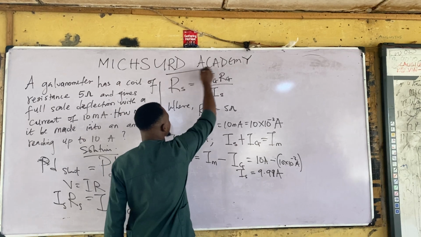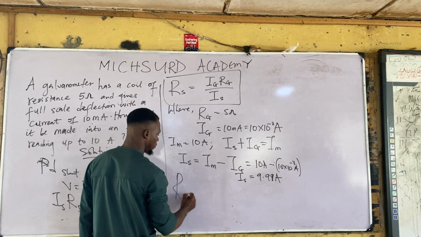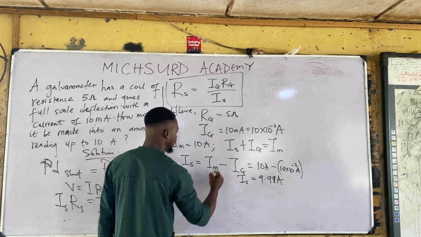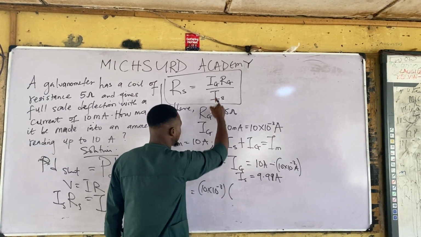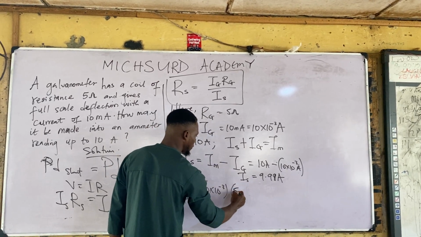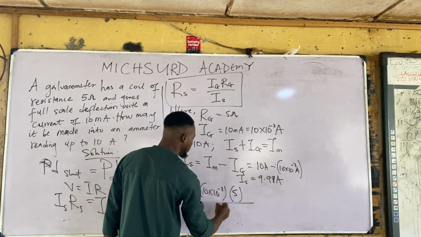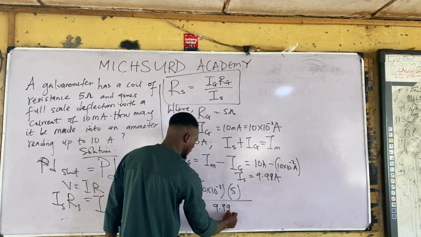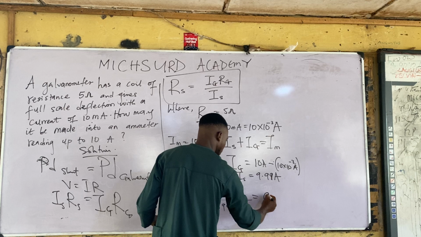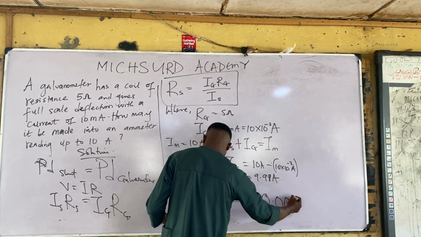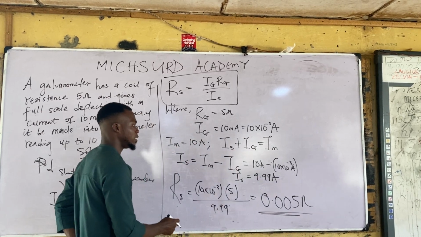So going back to the formula, we can now see that our Rs is equal to Ig, which is 10 times 10 raised to power minus 3, multiplied by the resistance of the galvanometer, which is 5, divided by the current in the shunt, which we got as 9.99. If you punch this in your calculator, you are going to have the answer as 0.005 ohms.